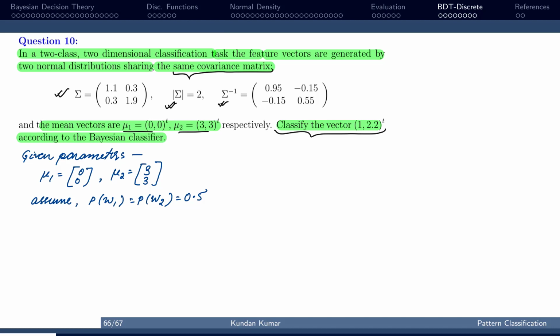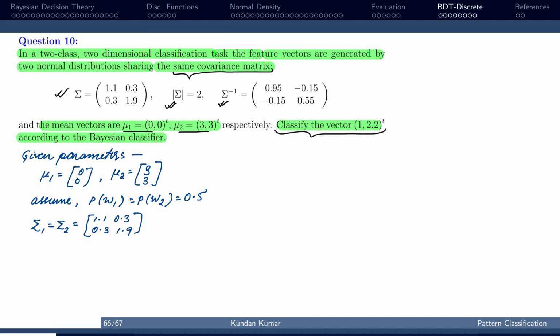Since both the classes are sharing the same covariance matrix and having equal prior probability, we can write sigma 1 equal to sigma 2, which is given as 1.1, 0.3, 0.3, 1.9.